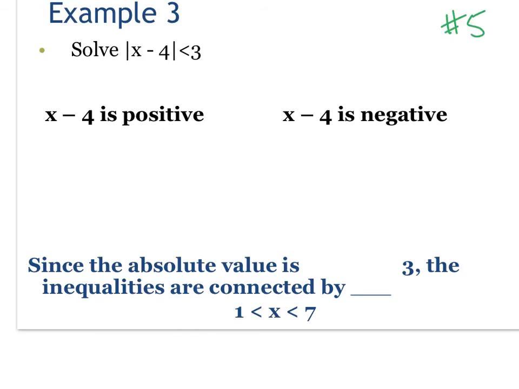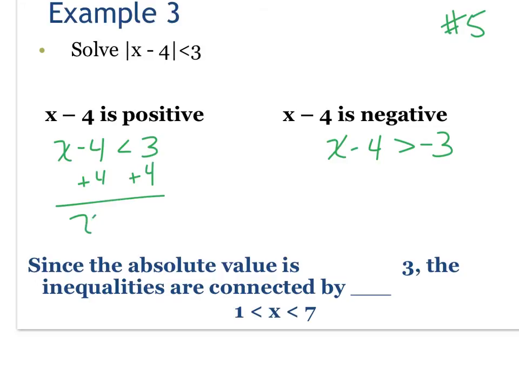We're going to solve the absolute value of x minus 4 is less than 3. So when x minus 4 is positive, it'll be less than a positive 3. When it's negative, it will be greater than a negative 3. Add 4 to both sides, so x is less than 7. Add 4 to both sides, so x is greater than 1.